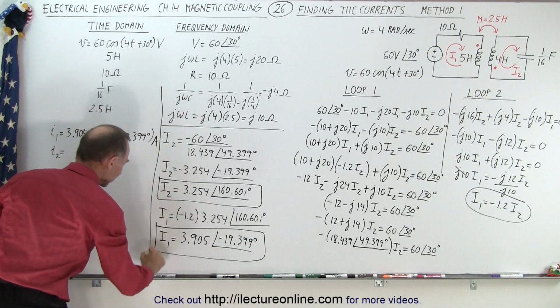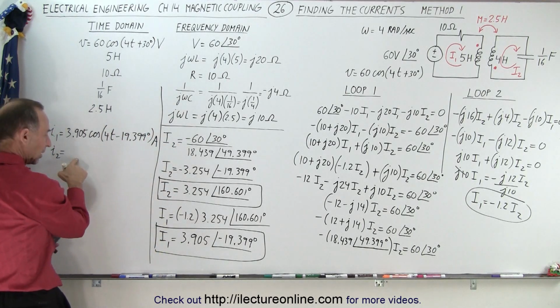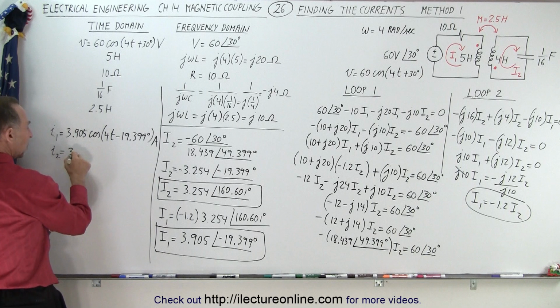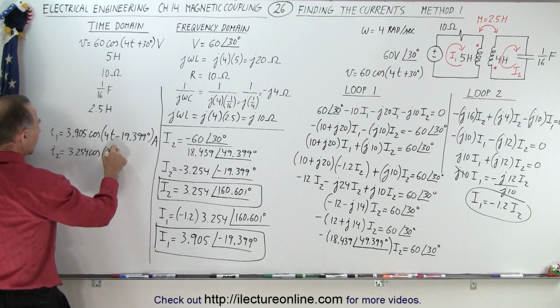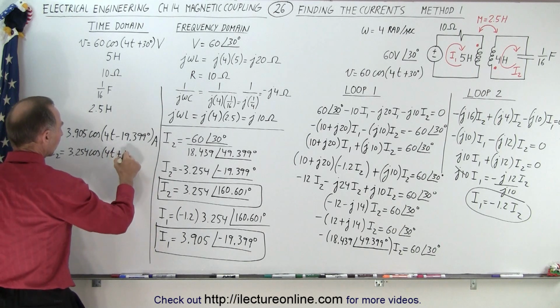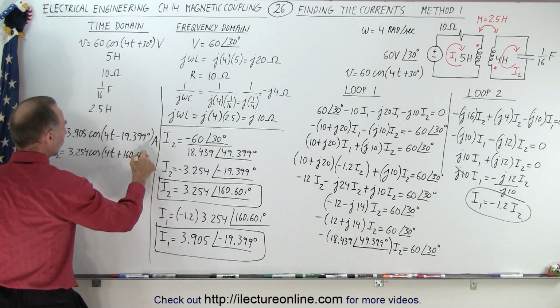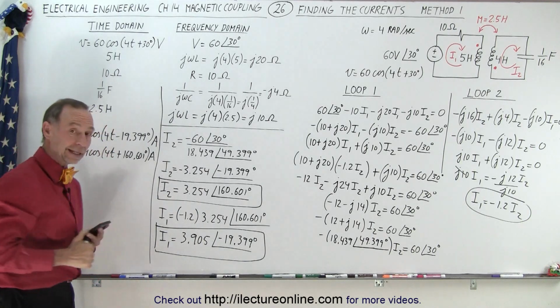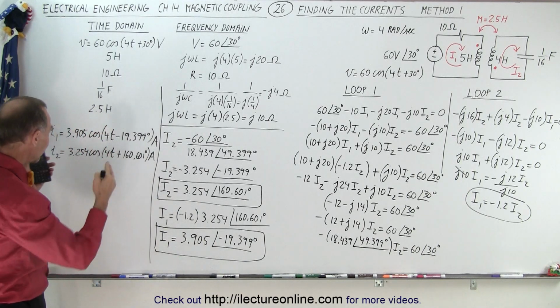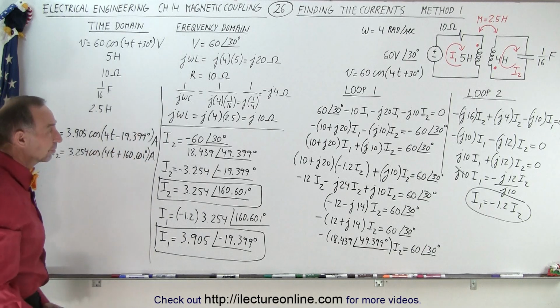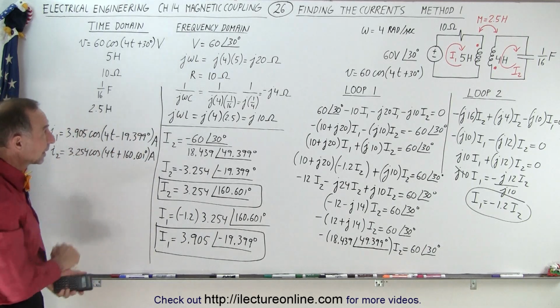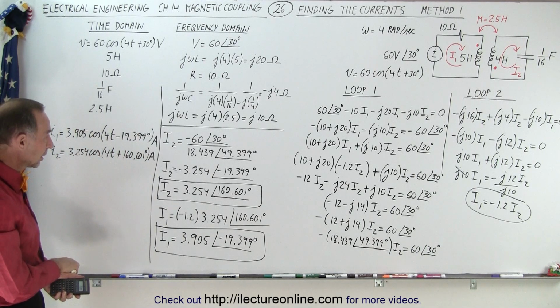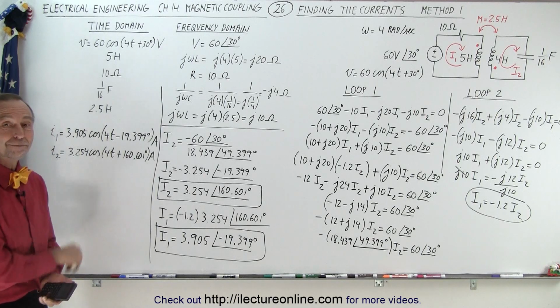Let me put a line there so we don't get confused. And then for I2 we end up with 3.254 times the cosine of 4t, and the phase angle would be plus 160.601 degrees, and that's, of course, in amps. And hopefully I did not make a small mistake somewhere, and those are the two currents of our circuit, taking into account the magnetic coupling between the two inductors. And that is how it's done.